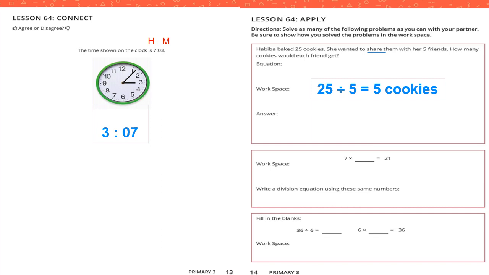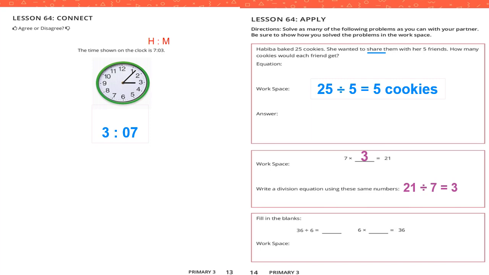The next question, 7 times what equals 21? 7 times what, from table 7? Or I can use a division equation. I can say 21 divided by 7 equals what? 3, sure, 3. So 21 divided by 7 equals 3.